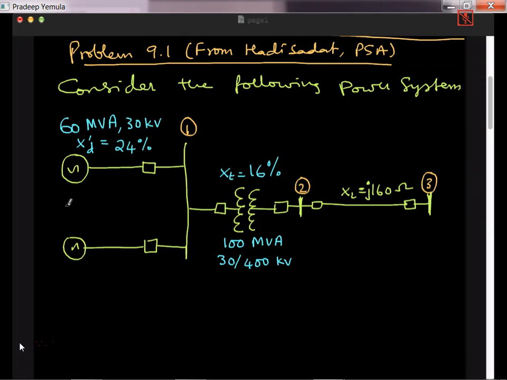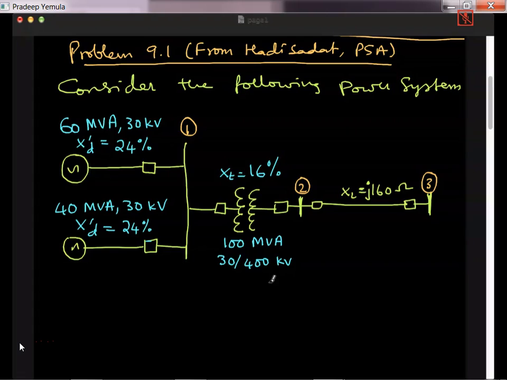Similarly, for the second machine, slightly smaller machine, 40 MVA, and it has 30 kV rating, and then XD dash is 24%. So these are the ratings of the generators that are given.